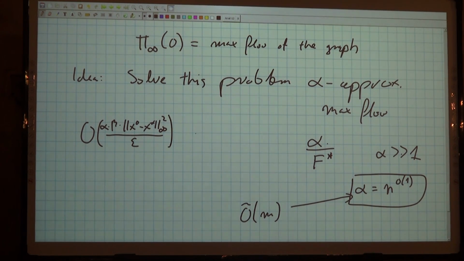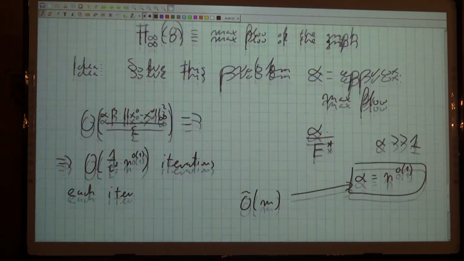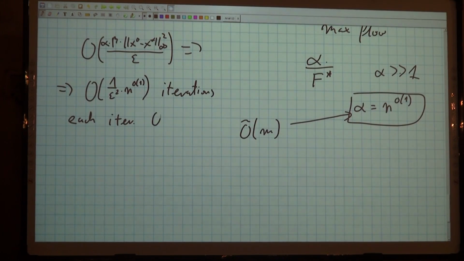All of this together tells us that we still have O of 1 over epsilon squared times n to the little o of 1 iterations. But each iteration takes roughly n to the 1 plus little o of 1 time. Okay, just to be precise.